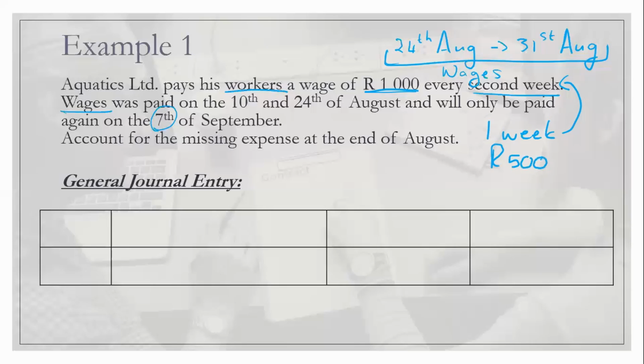Everyone with me? Therefore, since we have this, we have to go and account for it in our general journal. Accounting for it in our general journal, the date would be the 31st of August.